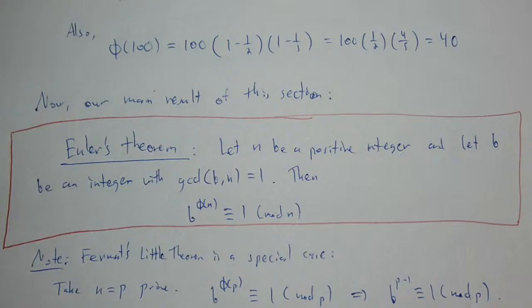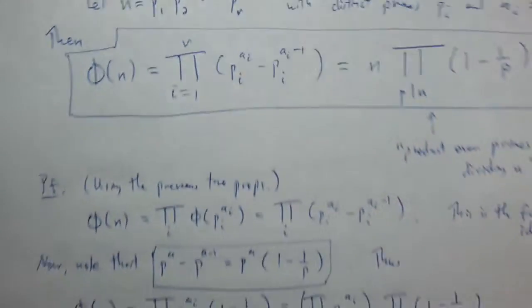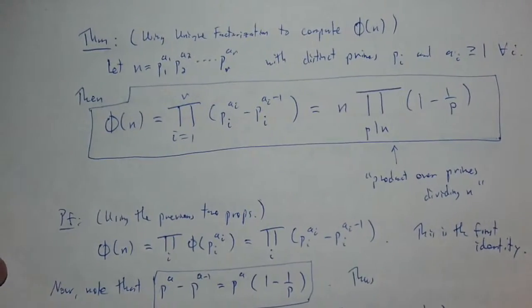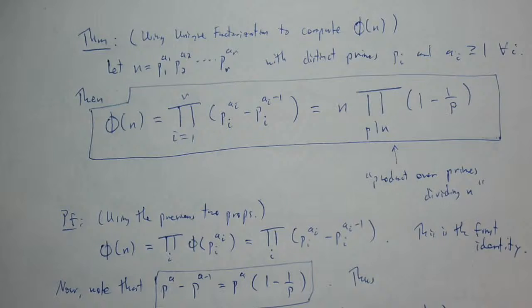What was required was this earlier theorem that doesn't have a name in the textbook, but that I had given the name, the theorem using unique factorization to compute phi of n.